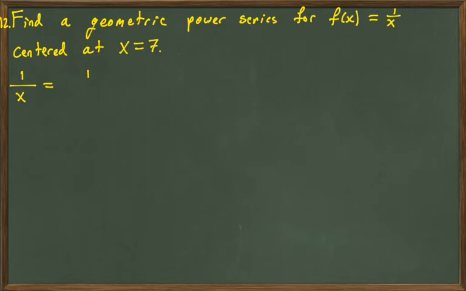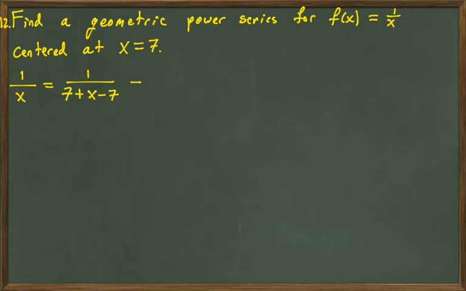So I want it centered at 7. So if it's going to be centered at 7, I need x minus 7. So what we're going to do is we're going to put an x minus 7. So there it is. There's your x minus 7 right here. And to offset that, we need to add 7 so that these are equivalent. So this becomes 1 over 7 plus x minus 7.